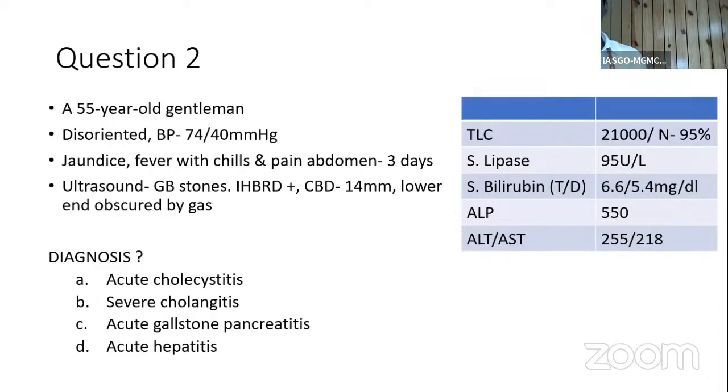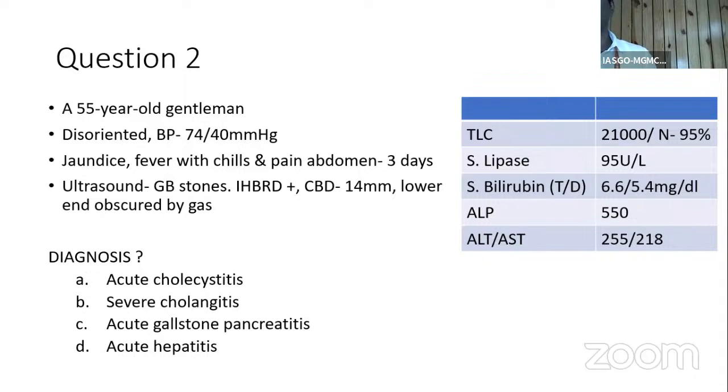A 55-year-old gentleman presented in emergency with disorientation. BP recorded was 74/40 mm of Hg. He had jaundice, fever with chills, and pain abdomen for 3 days. Ultrasound done outside had shown gallbladder stones and intrahepatic biliary duct dilatation. CBD was 14 mm, but the lower end of the CBD was obscured by gas.